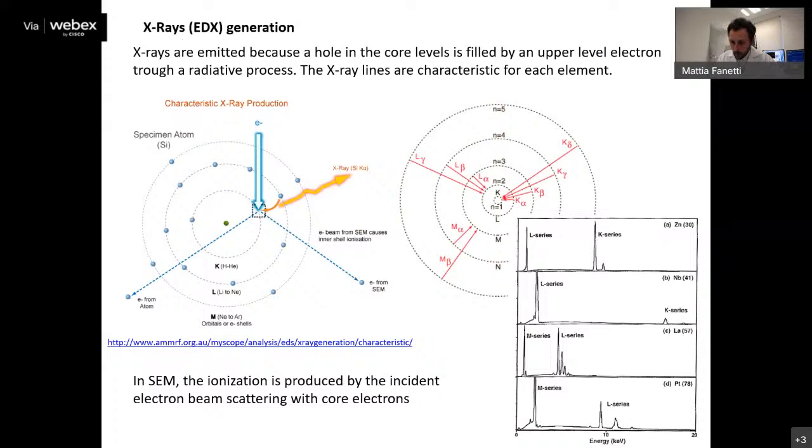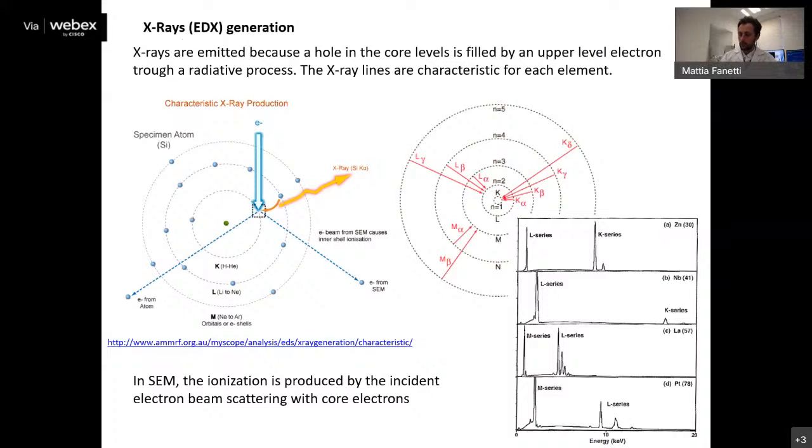And so what can happen is that the situation relaxes by the emission of an X-ray. In particular, an electron from an outer shell will go to replace the electron in the inner shell which has been ionized, and the excess energy is released in the form of a high energy photon, which we call an X-ray.